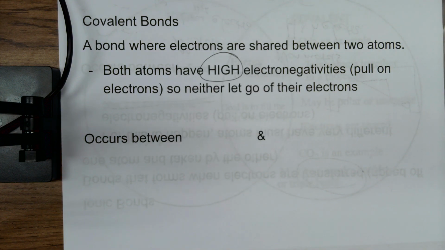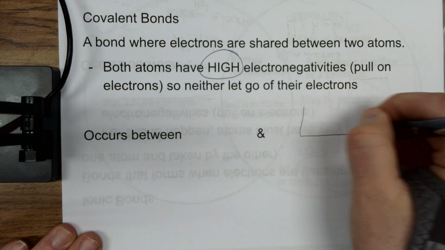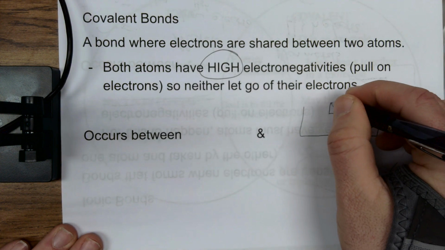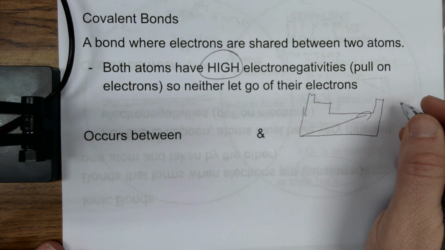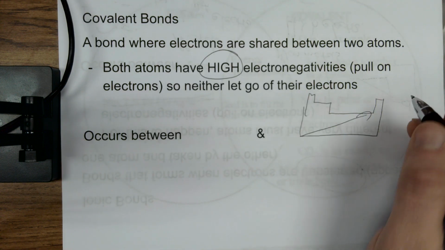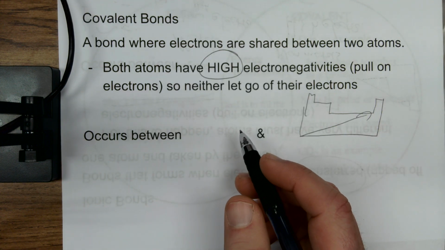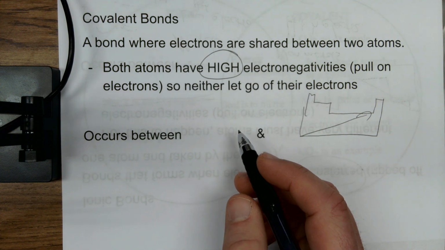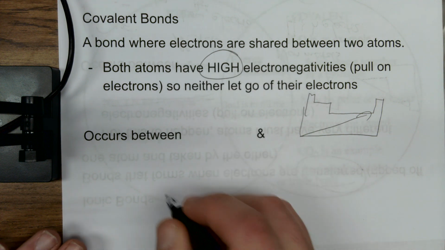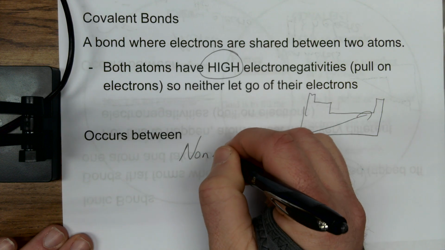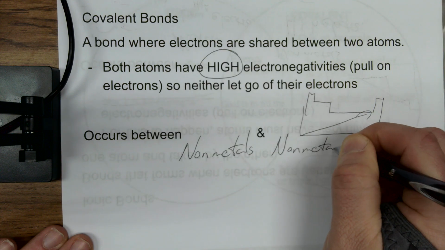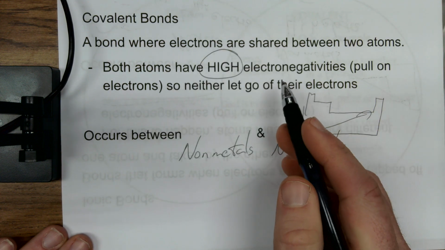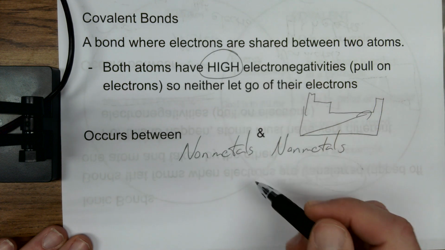All right. So who did we say? If I look at my periodic table, once again, we said my arrow points that way. So which groups on my periodic table have the high electronegativity? My metals, my metalloids, or my nonmetals? Nonmetals. So both have high. So both are nonmetals. So my covalent bonds are only going to work between my nonmetals.